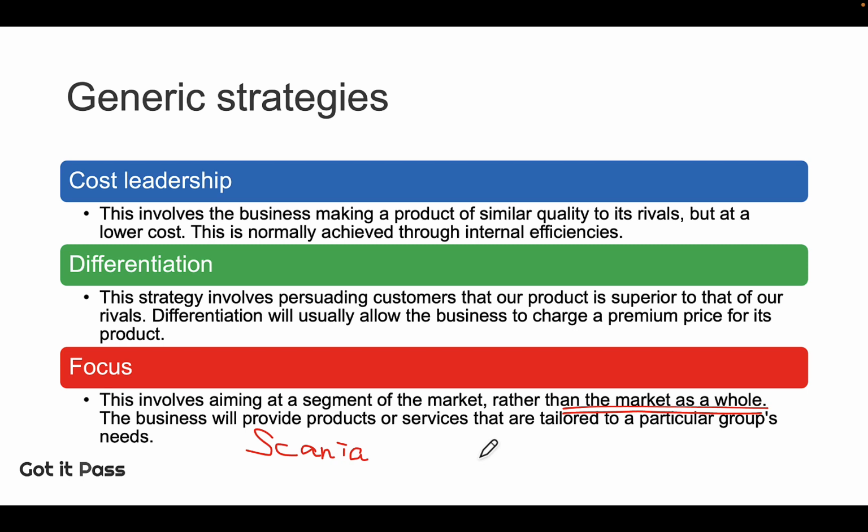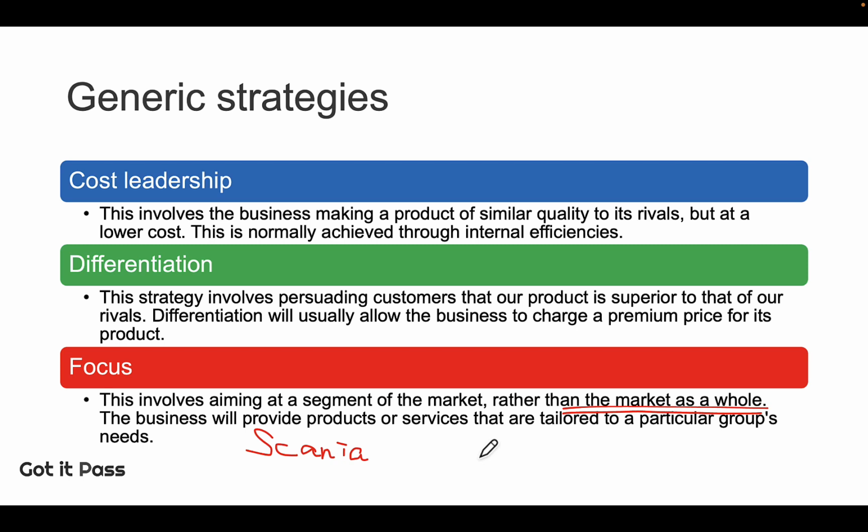And after the 5 forces analysis, a firm or an organization needs to consider which strategy here, no matter whether it's cost leadership, differentiation, or focus, is the best for the organization to go in the future. So here we discussed cost leadership, differentiation, and focus.